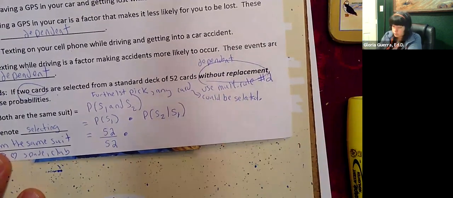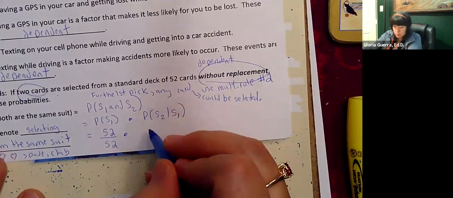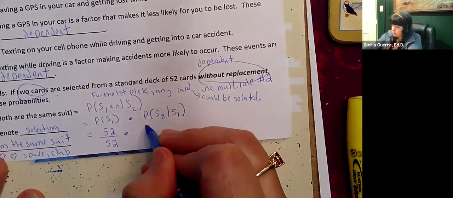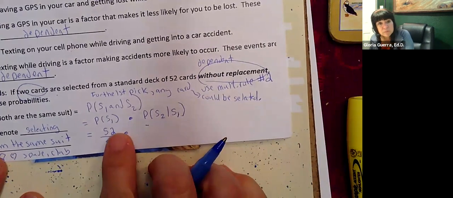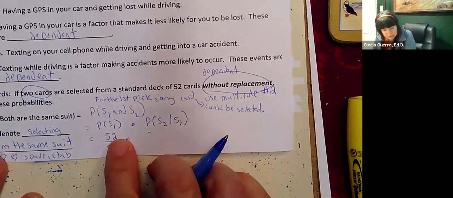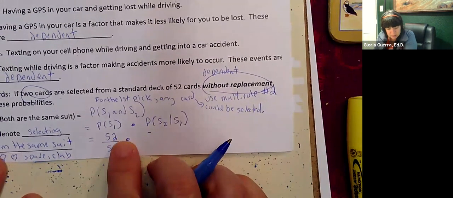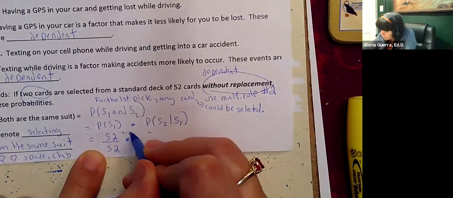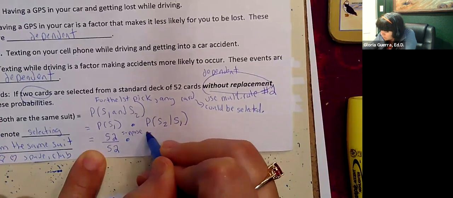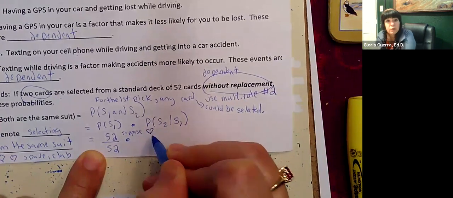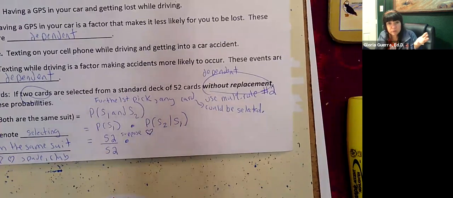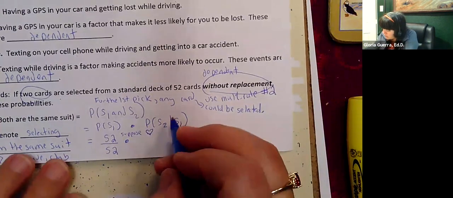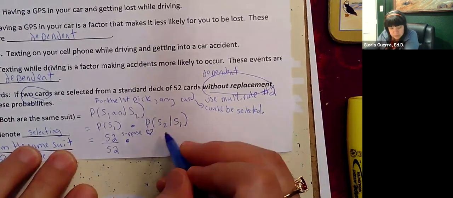Let's say you pick a card and suppose you get a heart. Well, now you've narrowed it down to the hearts. They have to be the same suit. So when you do your second one, now you're focusing on the heart.